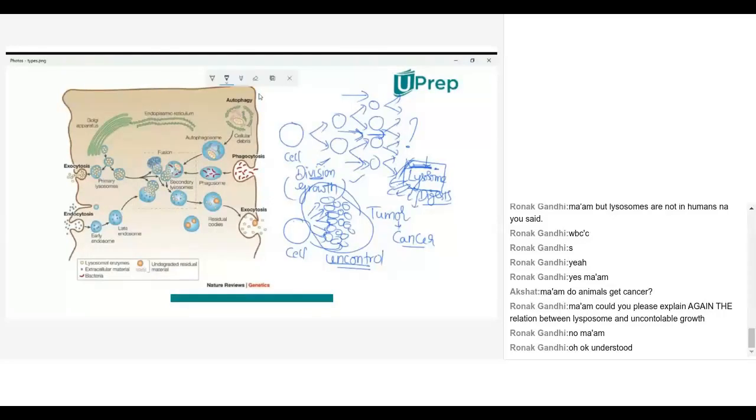These enzymes will act on the cell and make it grow in a random way, developing a tumor. So a cell goes in a random, uncontrolled way because of the outbreak or malfunctioning of some part of the cell, like the lysosome here. The enzymes will come out and they will disrupt the process of cell division, and cell division goes uncontrolled, which may result in a tumor.